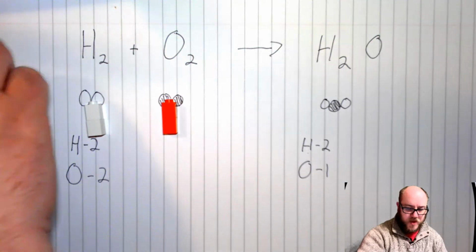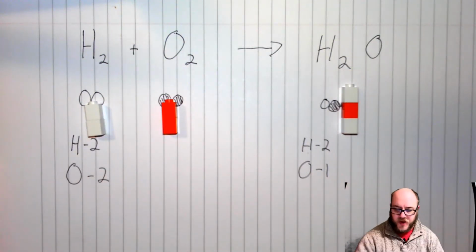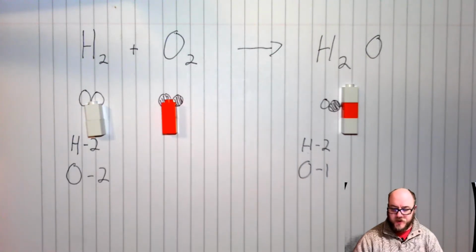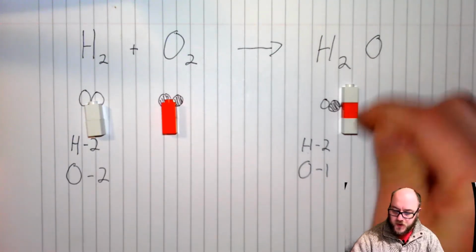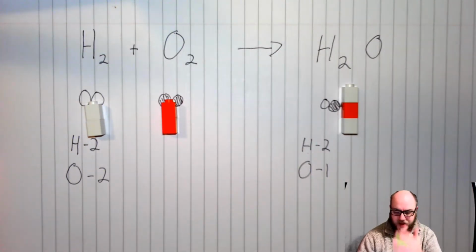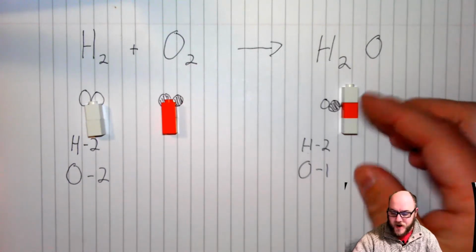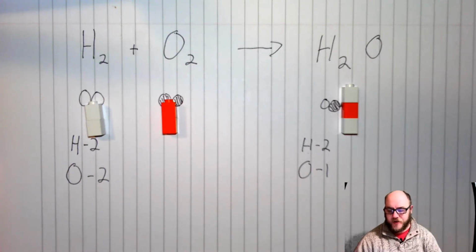Now I'm going to make one of these nifty water molecules. So as you can see, I have 1, 2 hydrogen atoms, 1, 2 oxygen atoms, and I've got 1, 2 hydrogen atoms and 1 oxygen atom. But this example shows clearly that it's not correct. I'm missing an oxygen atom.